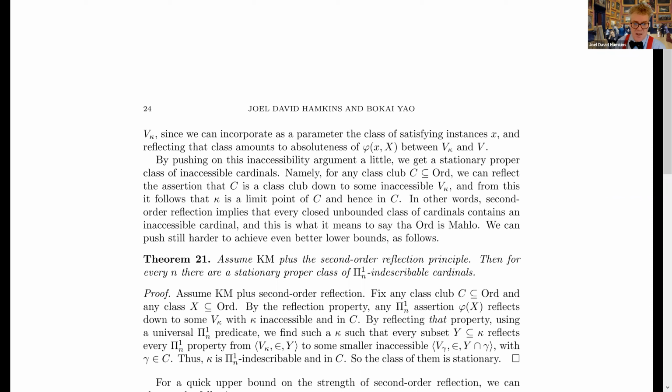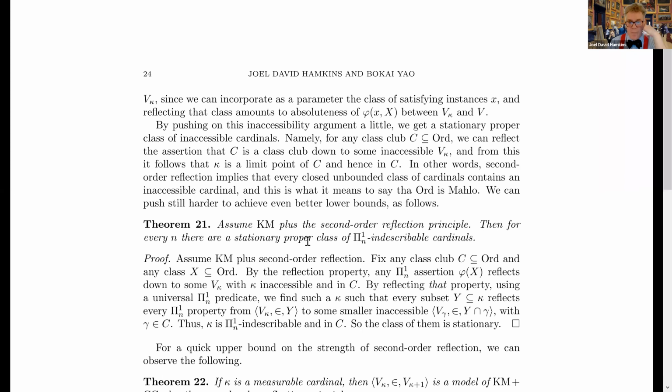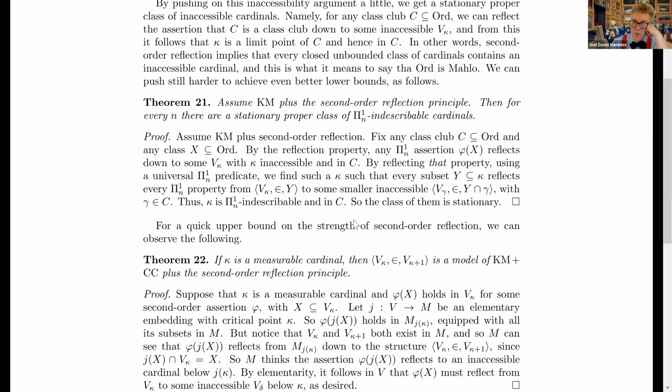And so it would have to be a model of second order ZFC, which by Zermelo's theorem means that kappa would have to be inaccessible. So we're going to already get lots of inaccessibles coming from second order reflection just by reflecting GBC itself. Okay, but in fact, we get more than that. You can get a stationary proper class of pi1n indescribable cardinals just by pushing a little harder on that idea.